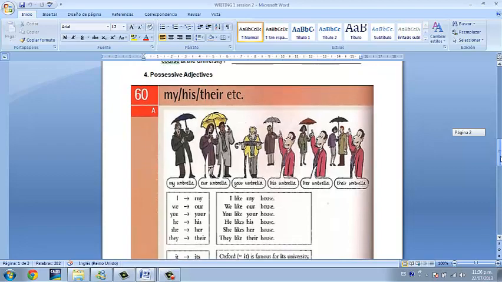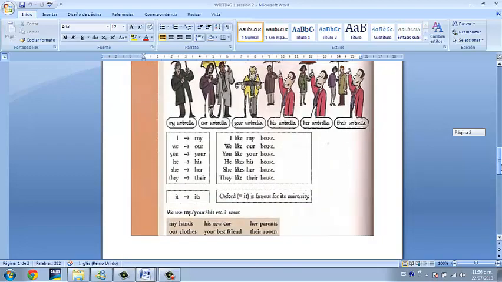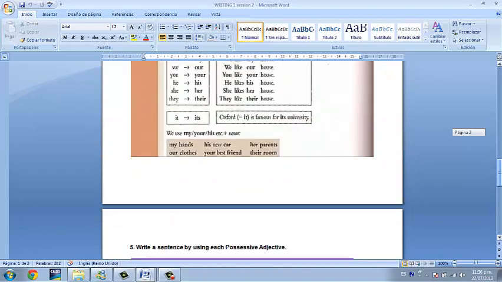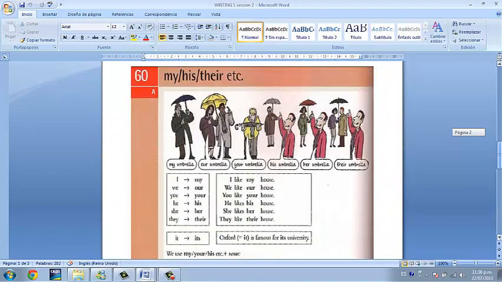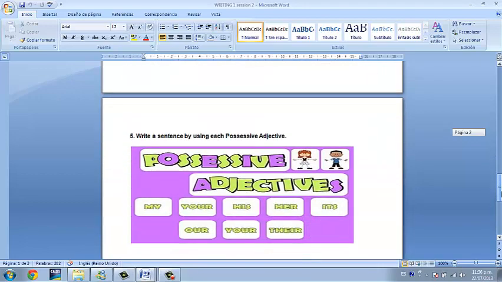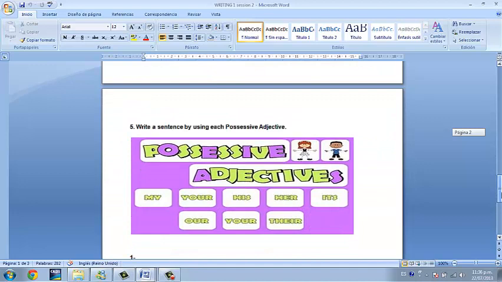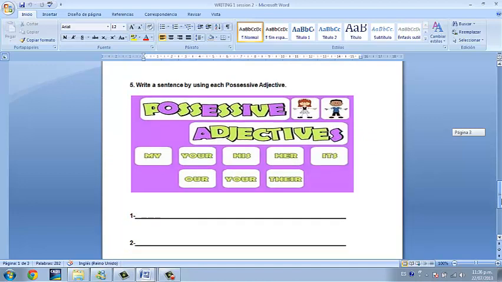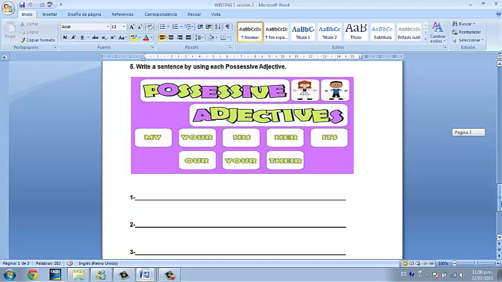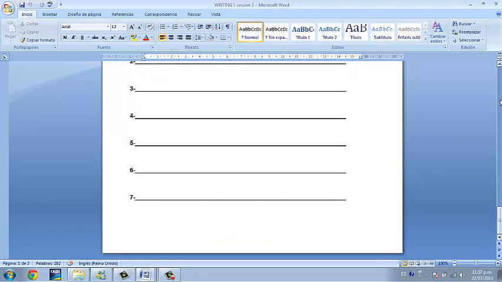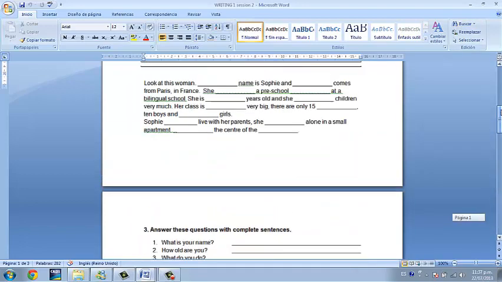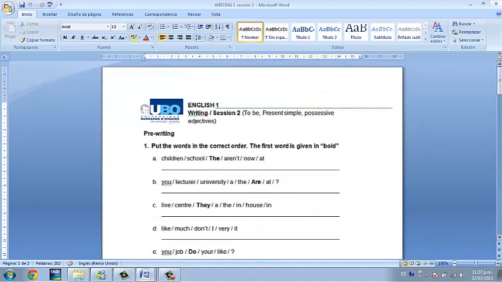Extract them from Essential Grammar in Use. That's one of the books that we work with. And here we have some possessive adjectives. They will have to write down what they have or what their father has or what their mother has and so on. And that would be the writing session 2.